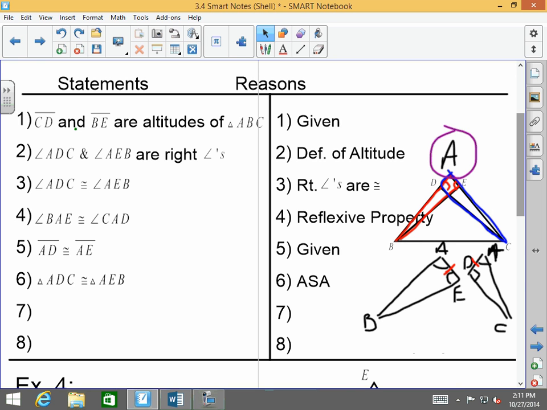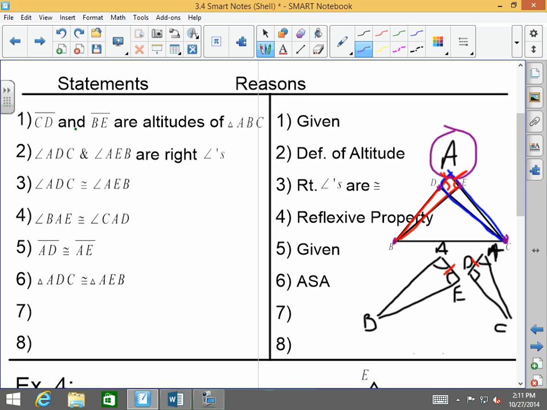All right. So now that we know that those two are congruent, we're going to use multiple visuals here. I'm trying to prove that DB is congruent to EC, right? So what do I need to say first before I can make that final proof?